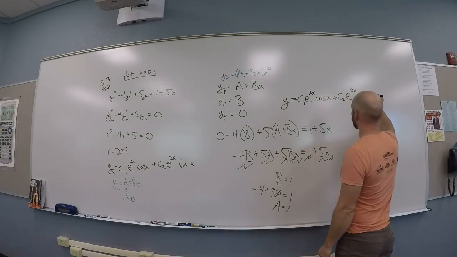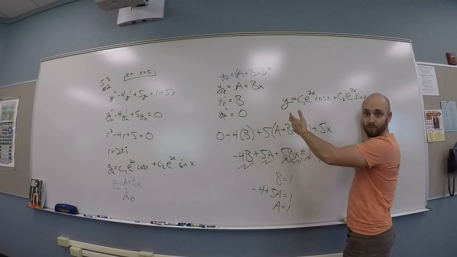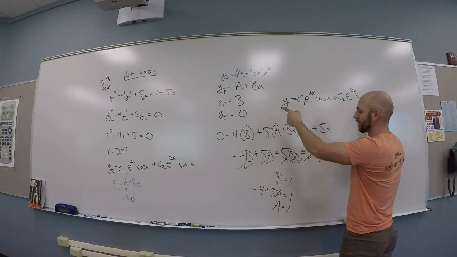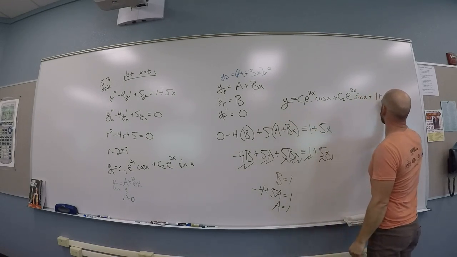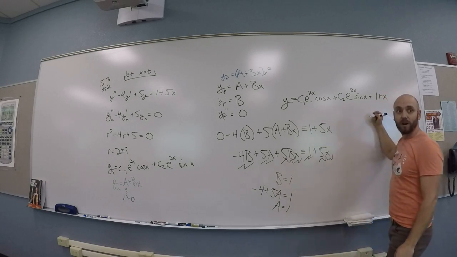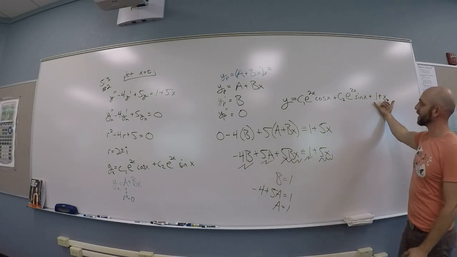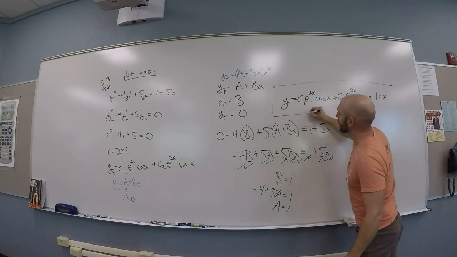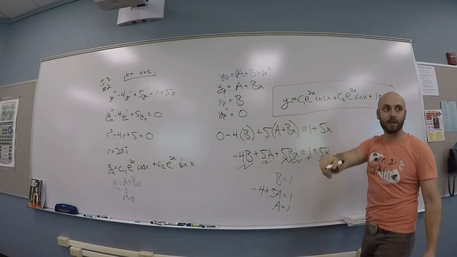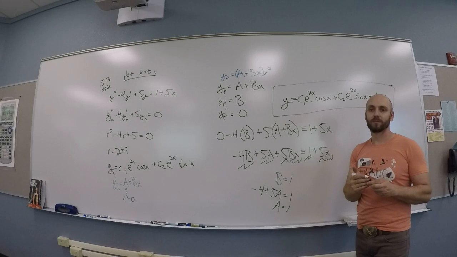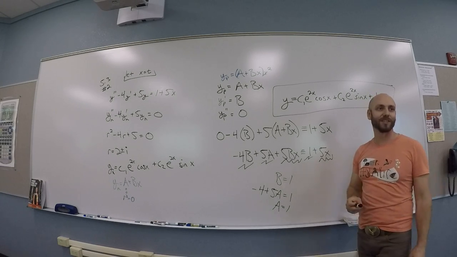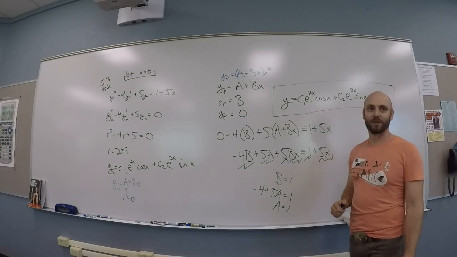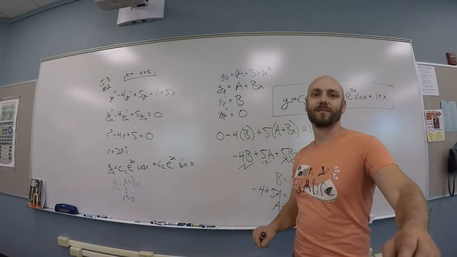That's the homogeneous bit, plus 1 plus x, the particular solution here at the end, homogeneous bits here. The whole thing added together is the general solution, also known as the answer.